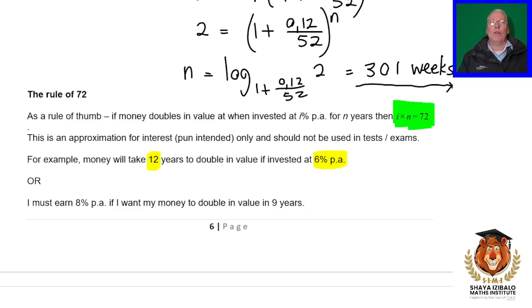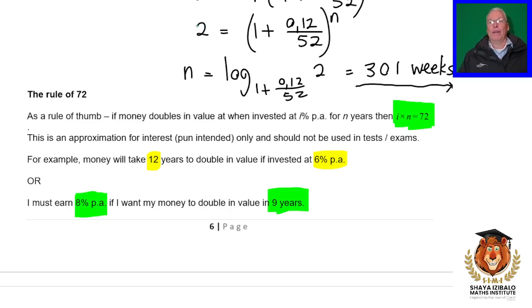If I'm only going to earn 8% per annum, then 72 divided by 8 is 9. That's how long my money will take to double. That's not exact, but it's a very useful rule of thumb. It's called the rule of 72. It's a good thing to remember, just to sense check your answer. It doesn't replace the need to use the formula, but it is helpful.